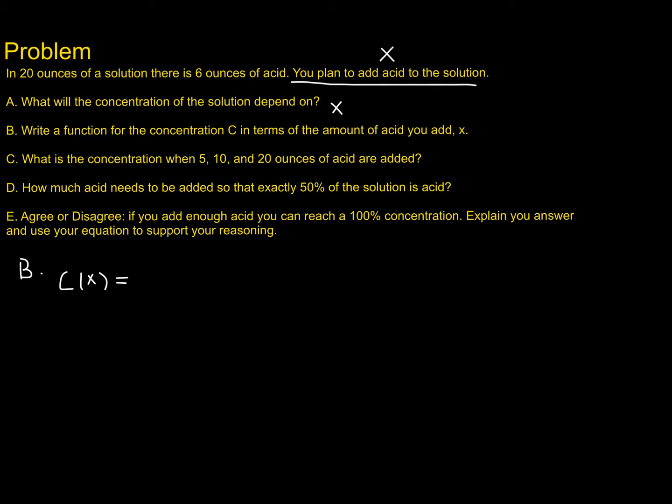So the pure amount of substance, well, I have 6 ounces already, and I'm going to add X. And then the total amount, well, I have a total of 20 ounces, so I'm going to have 20 plus X. Alright, so there's my function.